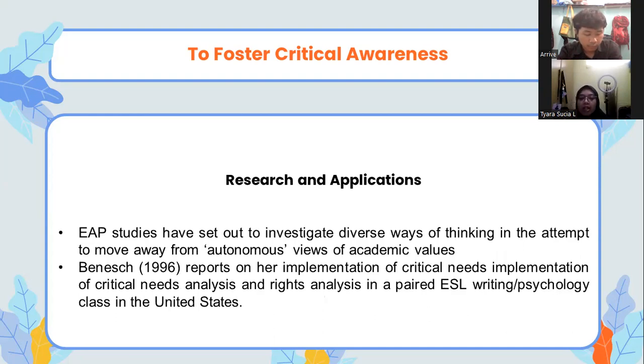Okay, in here, EAP studies have set out to investigate the diverse ways of thinking in the attempt to move away from an autonomous view of academic values. So, autonomous view here means that education has the same function or set of functions in every society, that there is one possible set of behaviors appropriate for all systems of higher education that can be used to evaluate the adequacy of any educational enterprise.